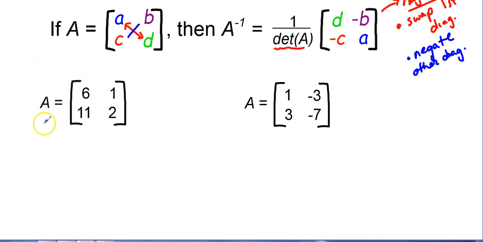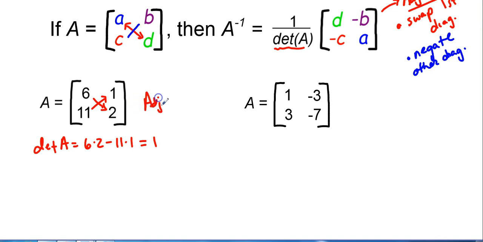The first example we've got, A, is this. I want to find A inverse using the determinant trick. The first thing that I need to find is the determinant of A. To find the determinant of A, we've got 6 times 2 minus 11 times 1. I'm just multiplying these diagonals and then finding the difference between them. This is 12 minus 11, so that's equal to 1. The second thing I need is the adjoint.